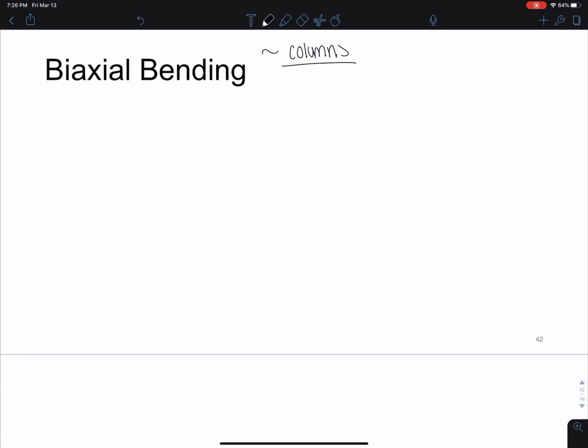Columns often experience biaxial bending, okay? And here we also want to define the z-axis again as our maximum or principal axis, generally, okay?